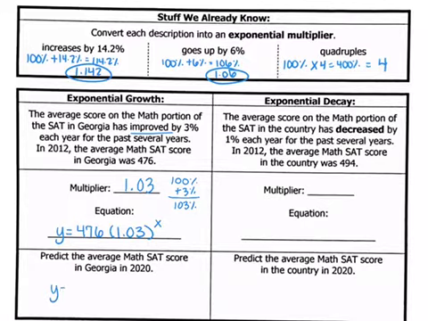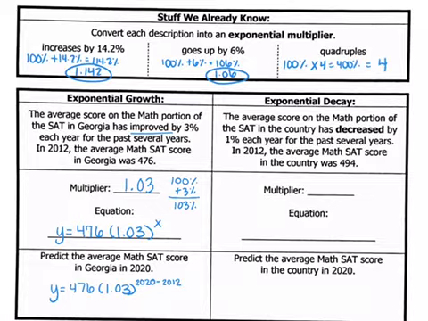So we're going to take that formula, 476 multiplied by 1.03, and this is going to be to the 2020 minus 2012, the year that this information was from. Okay, so we're going to use order of operations to start solving this, starting with the 2020 minus 2012, giving us an exponent of 8.